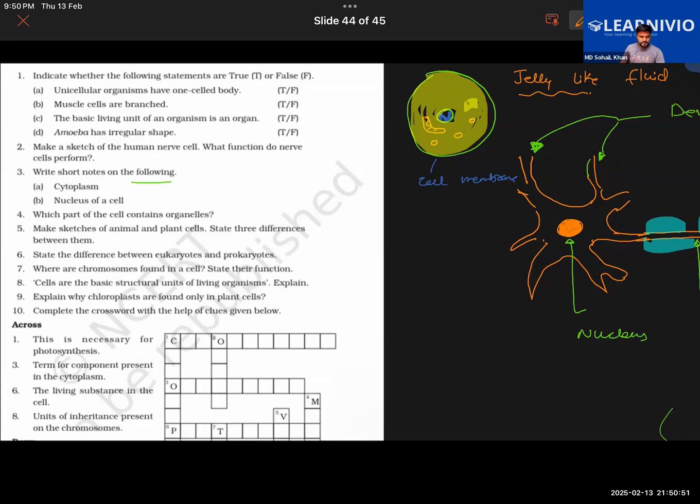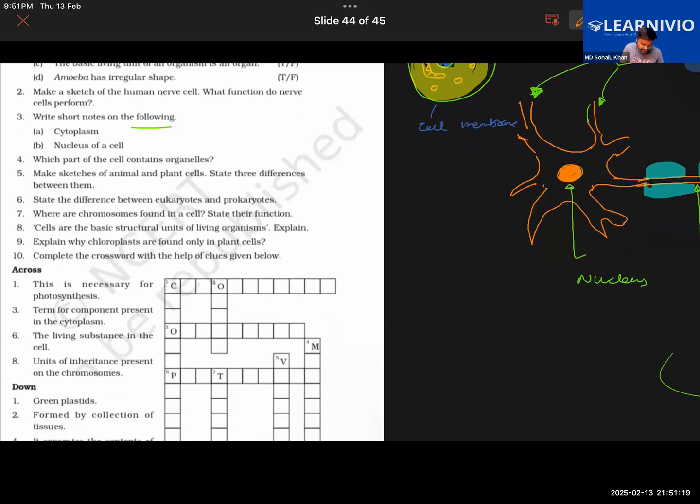It is responsible for cell division and for the transmission of genetic material to the next generation. I think it also controls the metabolic activities of the cell. Very well explained. Very good.